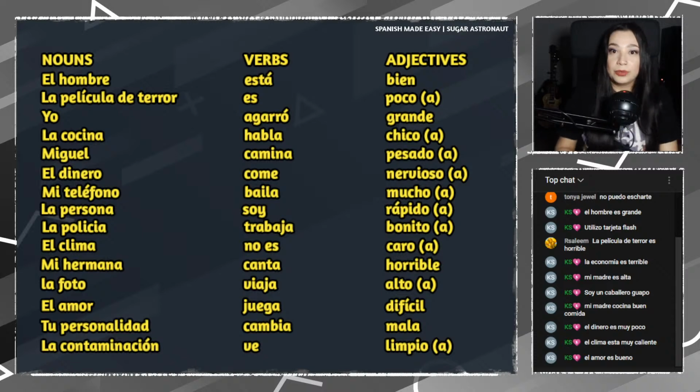We can have 2 different verbs in a sentence. We can have multiple nouns as well. Multiple adjectives, so it gets complicated, but today we just did something really basic, really simple, so you understand how sentences work in Spanish.